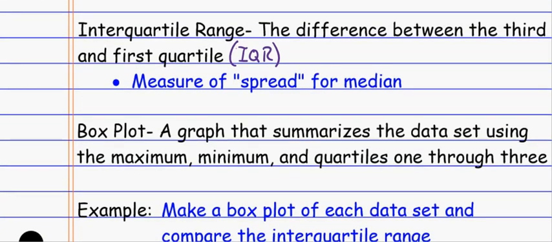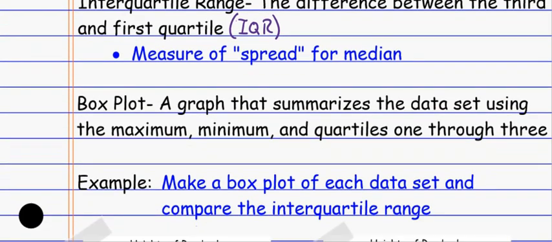And then the box plot, again, we're using this summary of data. We call it the 5-value summary, and because it includes 5 values, it's the maximum, the minimum, and the quartiles 1 through 3, okay? The maximum and the minimum are always plotted as points, and these are where our whiskers go.